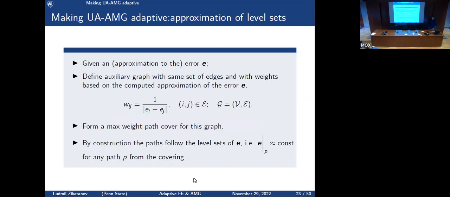And so if you have some approximation to the error, let's go back to what we are talking about, then you can construct an auxiliary graph with weights 1 over the difference of the error on each edge. So that means if two values are close in the error, the weight is going to be big. And when you do maximal path covering, thinking in a very simple way, this will recover the level sets of the error. You can think of it that way.